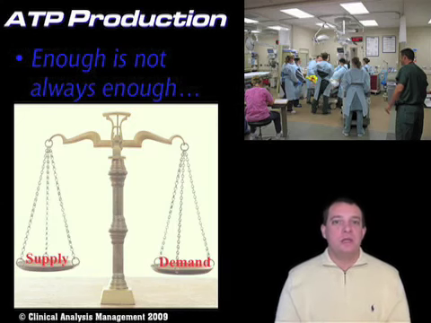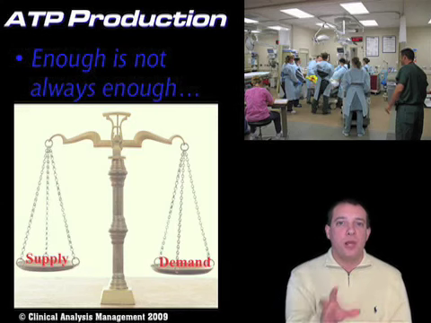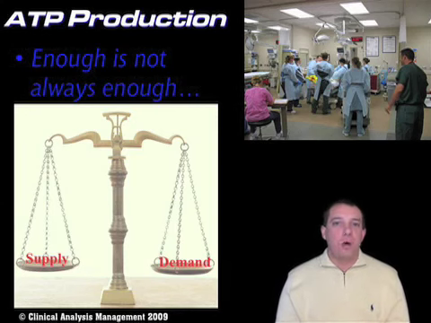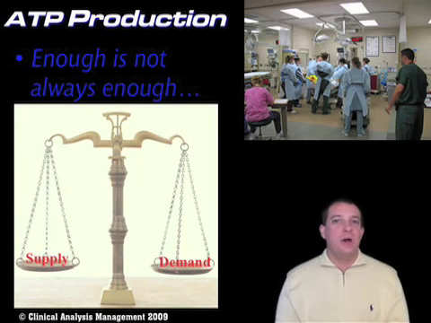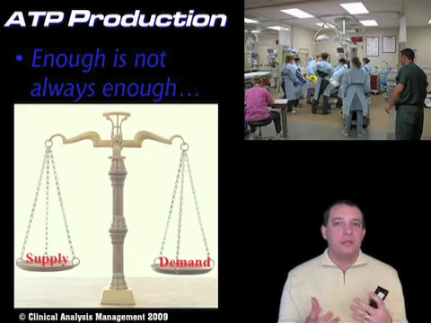And so just because somebody's numbers are normal on the supply side doesn't mean there's always enough oxygen. Because if their demand is up, the normal numbers are not going to be enough to meet the demand. We've got to increase the amount of oxygen to meet the demand. And probably a great example of that is when you're exercising.